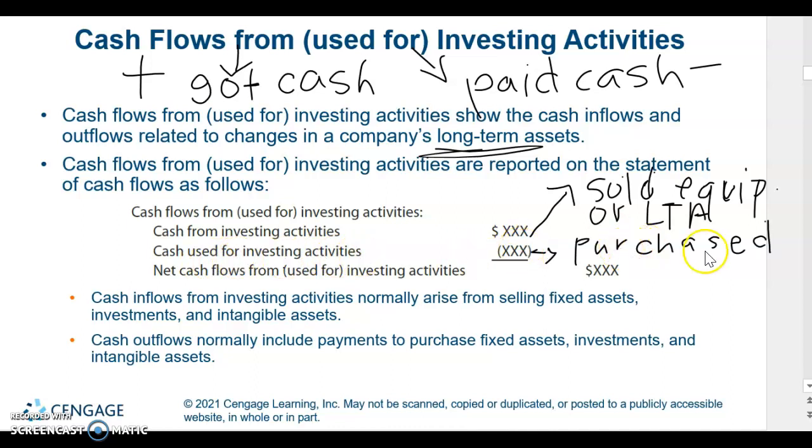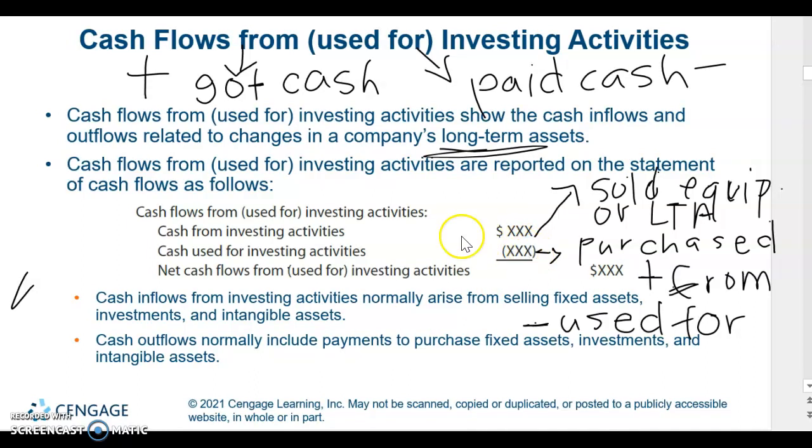And then cash used for investing activities. If we purchased one of these long-term assets, I would put it here, and then net cash flows from or used for investing activities. If our cash from investing activities was higher than the use, then we would call it net cash from, and it would be positive.